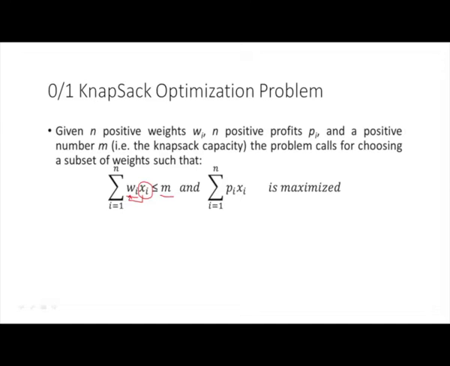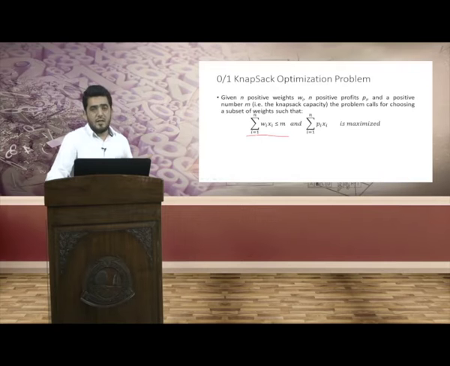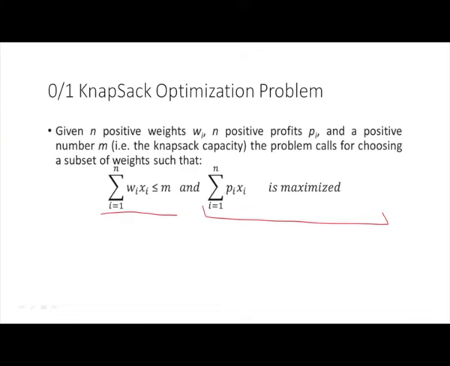Whatever items we select or put in our knapsack, the total weight of the items that we add should be less than or equal to the capacity of the knapsack. That is what this part specifies. In addition to filling the knapsack, our objective is to maximize the profit gained by filling the knapsack with the specific items that we have selected.